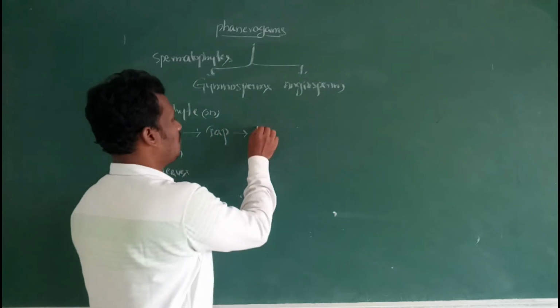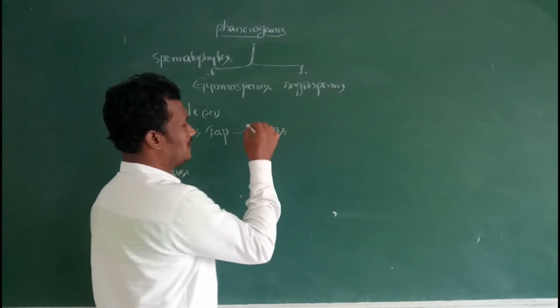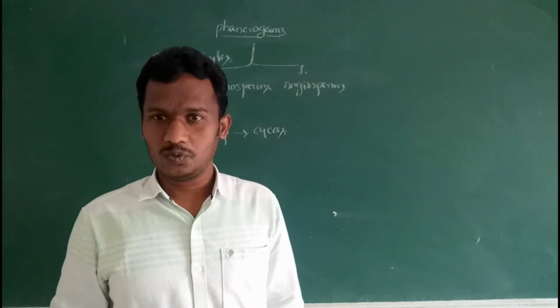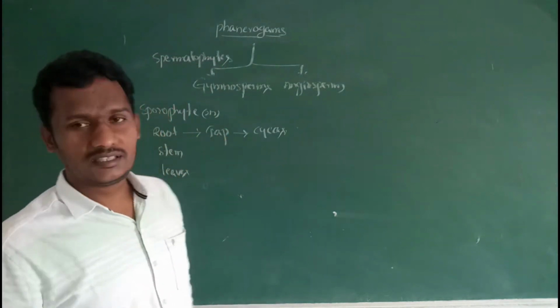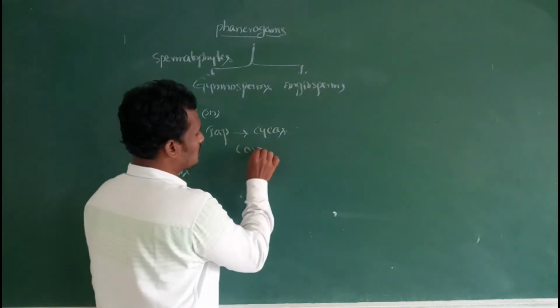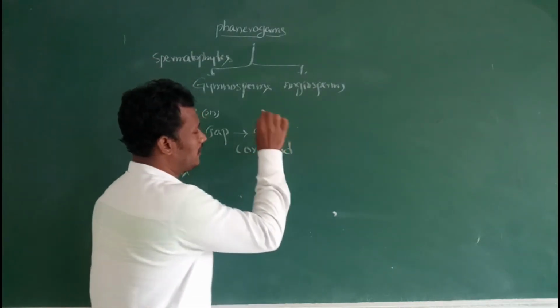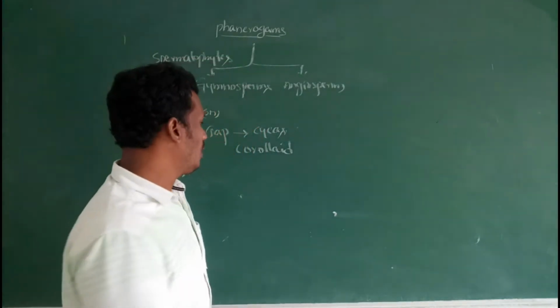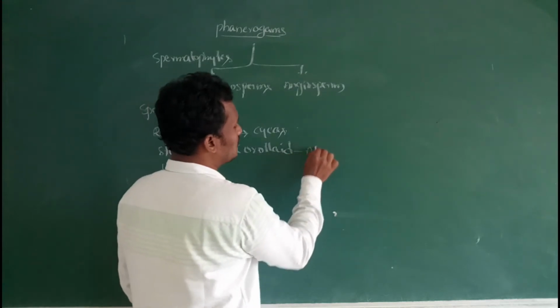The best example is Cycas. In the roots of Cycas, two types of roots are present. The first one is a tap root, and another one is coralloid roots. These coralloid roots are adventitious roots.